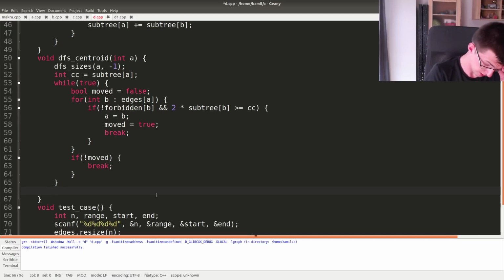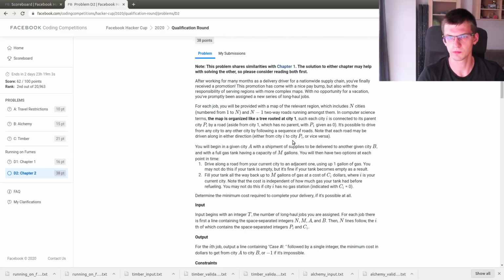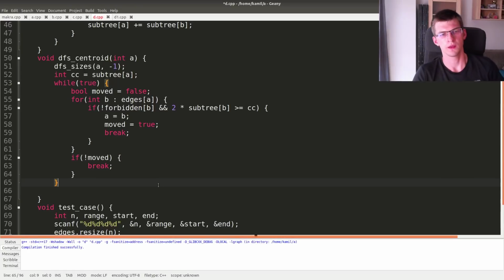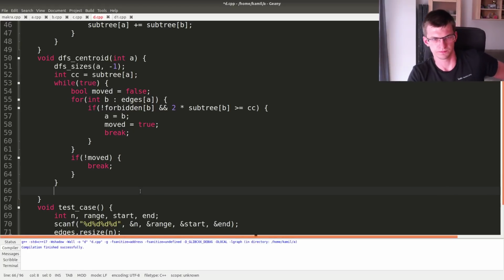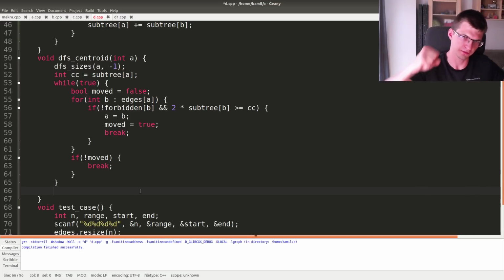What do I know now? I need to compute distances. Are edges weighted? No. I need length to that centroid.